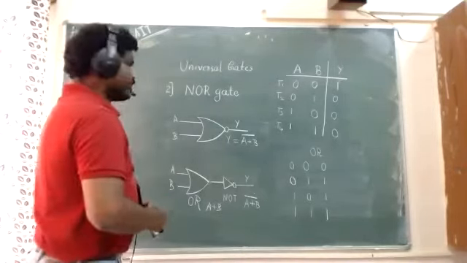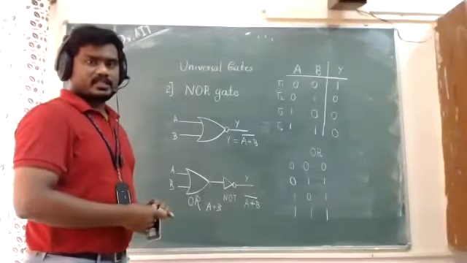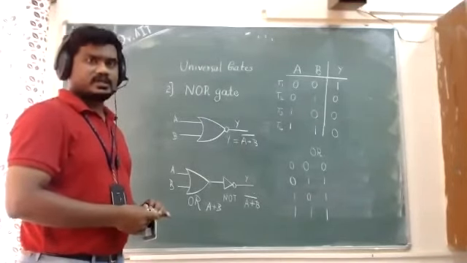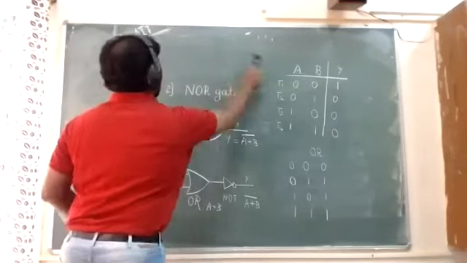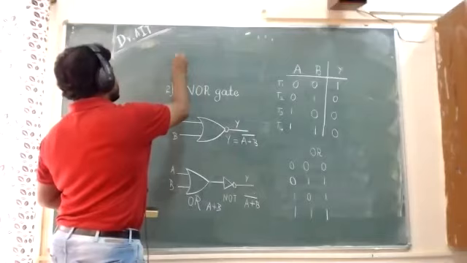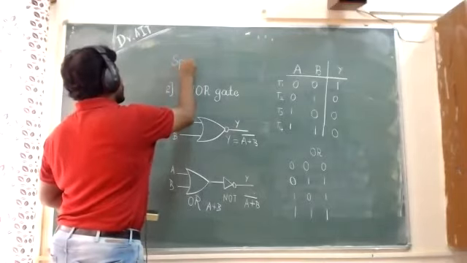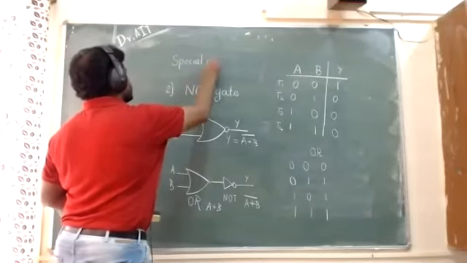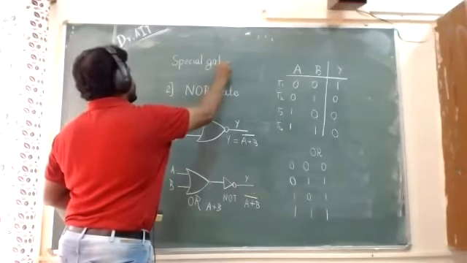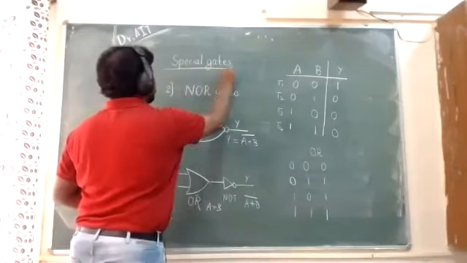Okay, we will take the next type of gates, that is the special purpose gates. Now the special purpose gates, or special gates, you will understand the property of why they are called special gates.